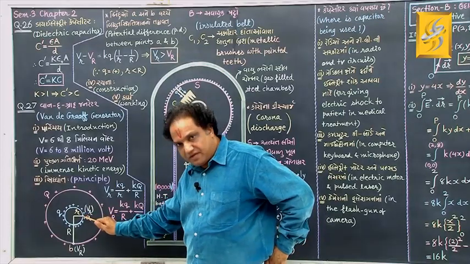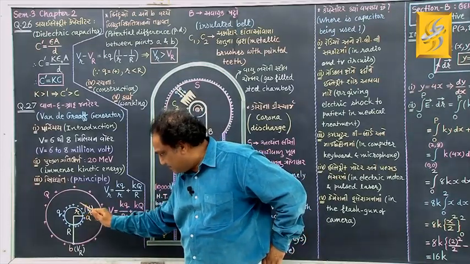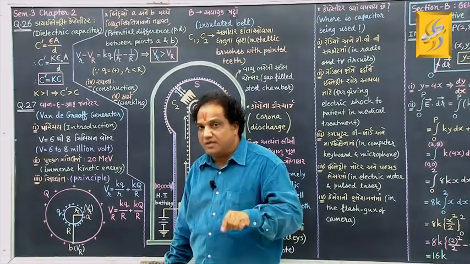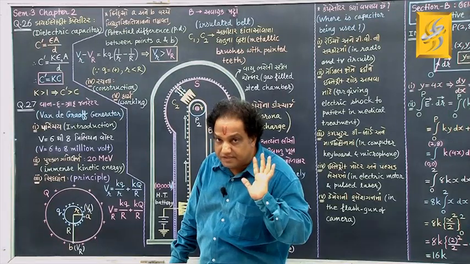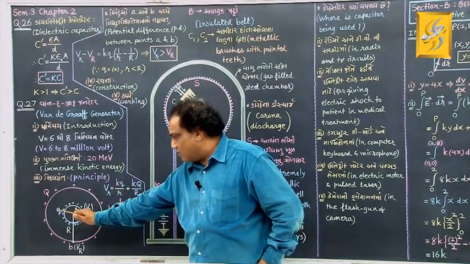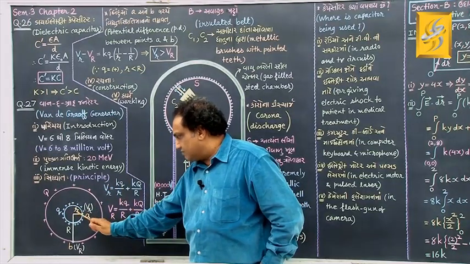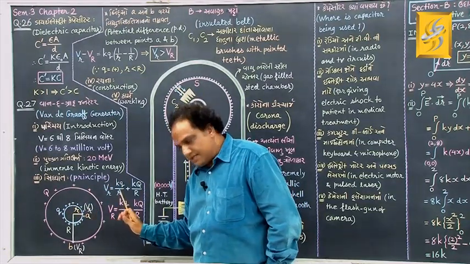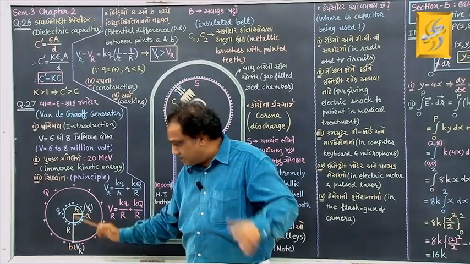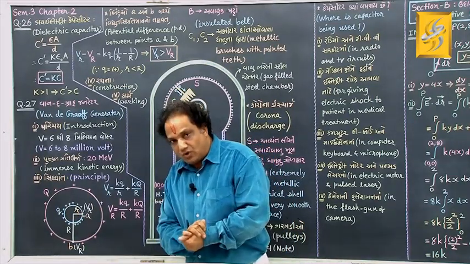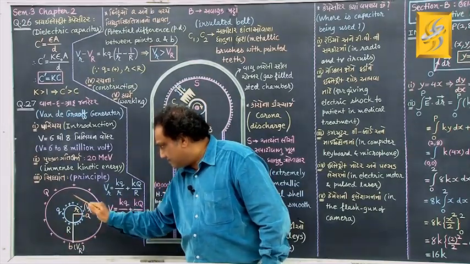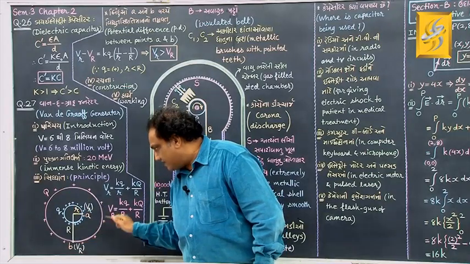Take it one by one. Where do you find this point A? On the surface of this small sphere. And on the surface, what is the electric potential? K into charge upon radius, K into charge small q, upon radius small r. Plus, at the same point, how much potential will you get because of this charge? Don't you find this point inside this spherical shell? Yes, this point is inside this spherical shell.